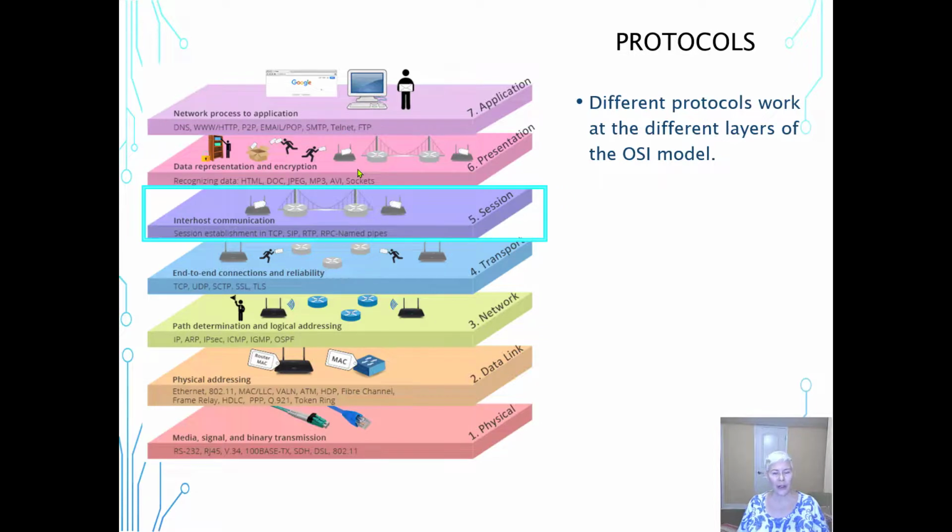At the session layer, this is when a session is established so that the information can start to move from the source to the destination. TCP, SIP, RTP, RPC, different types of piping will be functioning at the session layer.